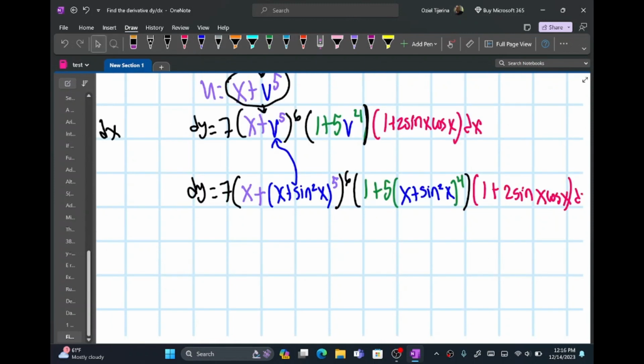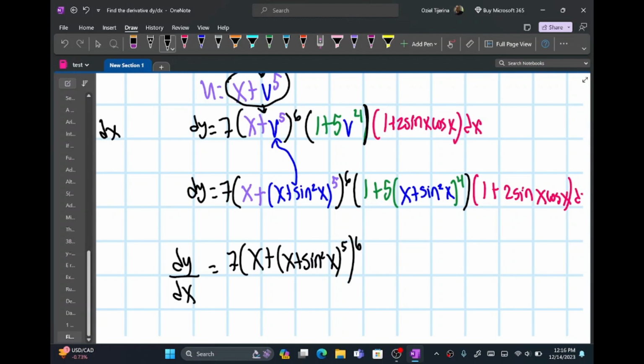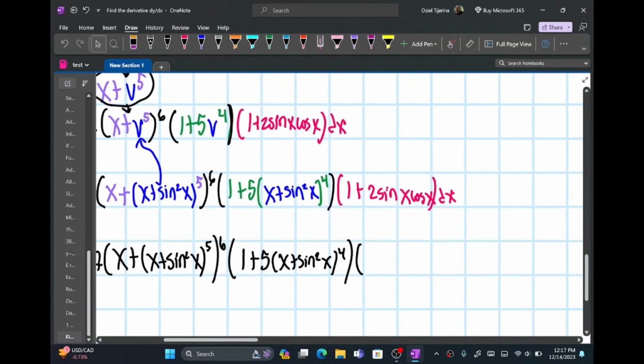So really what this simplifies to is the following. dy/dx is equal to 7 times the quantity x plus the quantity x plus sine squared of x to the 5th, all to the 6th, times the quantity 1 plus 5 times x plus sine squared of x to the 4th, times the quantity 1 plus 2 sine x cosine x.